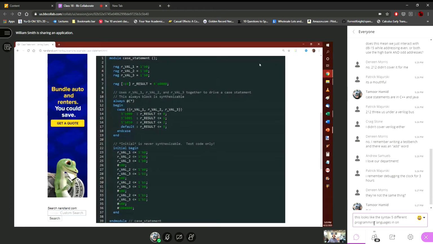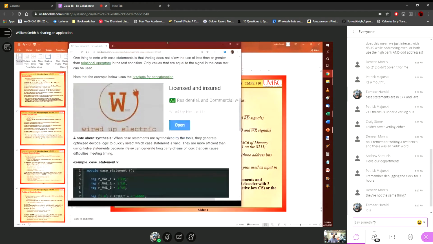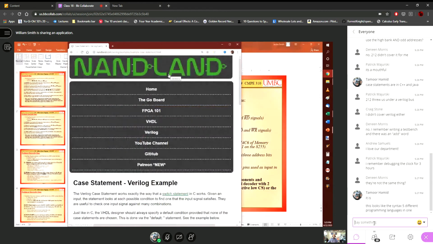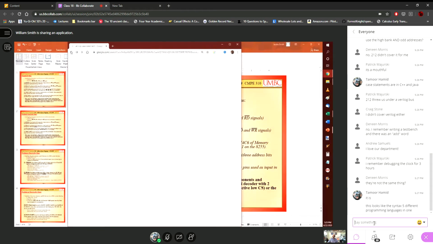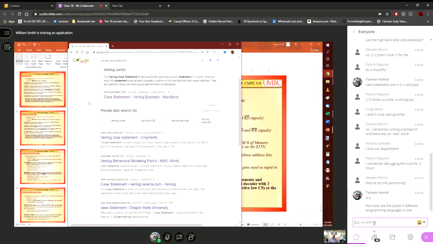Let me try another one here. Let's try a little bit more. I just grabbed an example of a Verilog case statement.